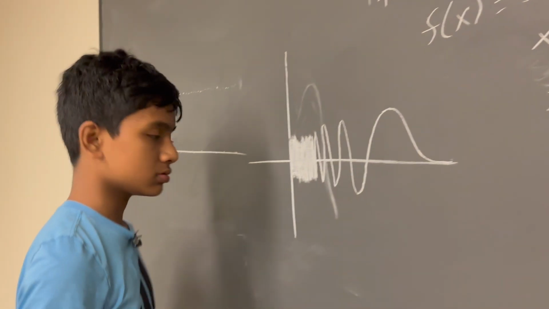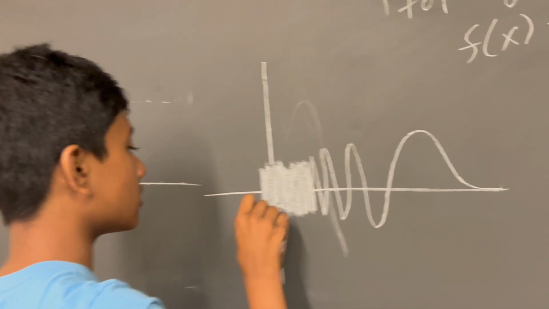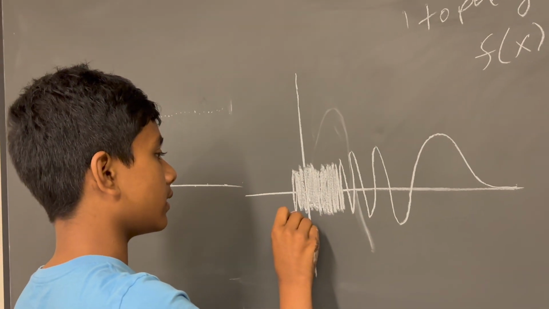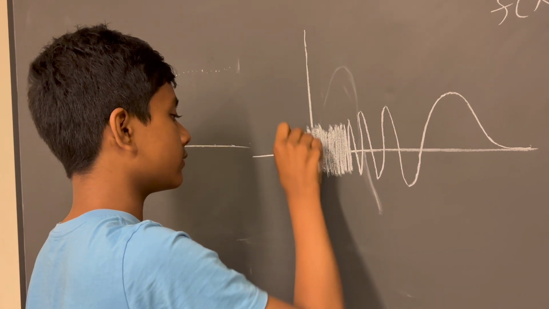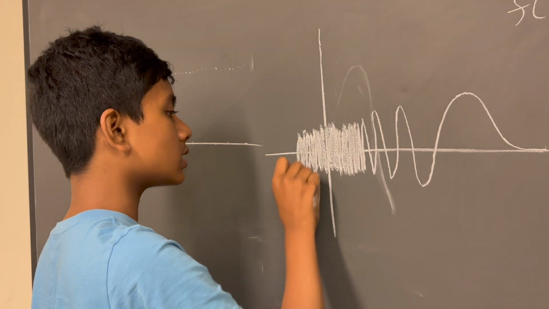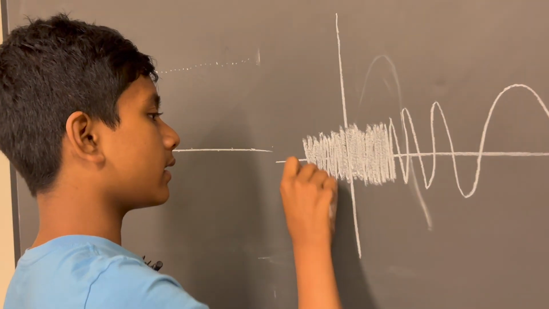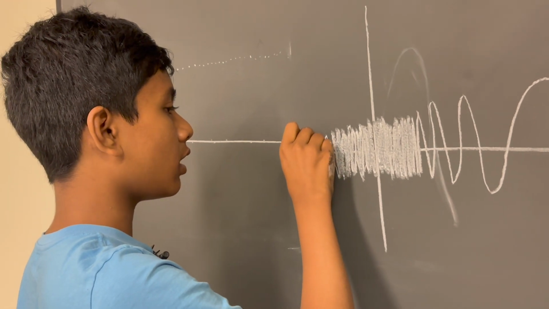At 0, we still don't know the limit, so we'll leave that blank. And then, after going like this for a while on the other side, it finally cools down and cools off.